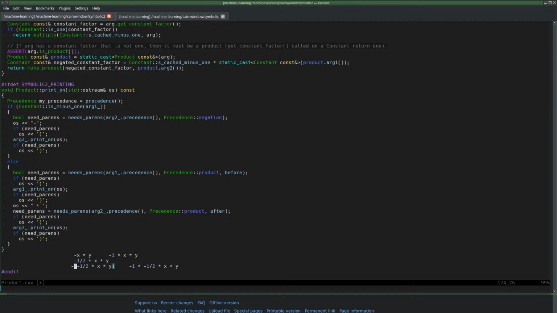Therefore, I might as well ignore the possibility that this thing is negative, and a negation times a product simply never has parentheses. Should never have parentheses.